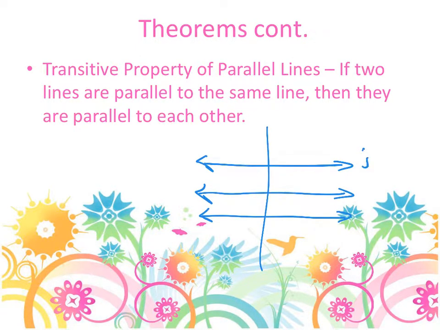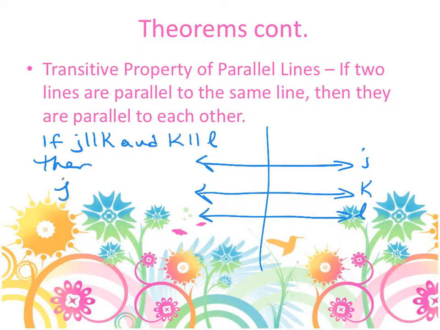We'll call them J, K, and L. So if I state that J is parallel to K and K is parallel to L, then J is parallel to L.